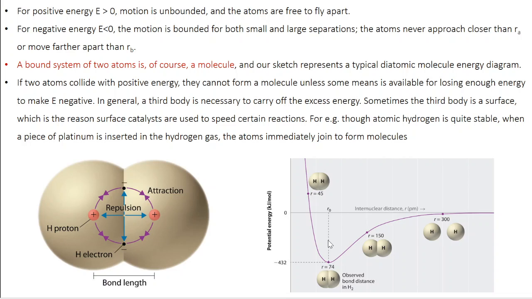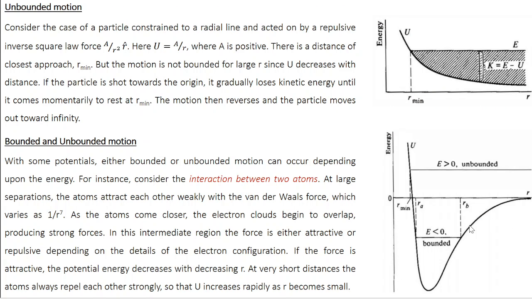So we know that for two atoms to combine and form a molecule, the energy has to be less than 0. If they have very high energy, the motion is going to be unbounded, right? So here they will not form a tight system.